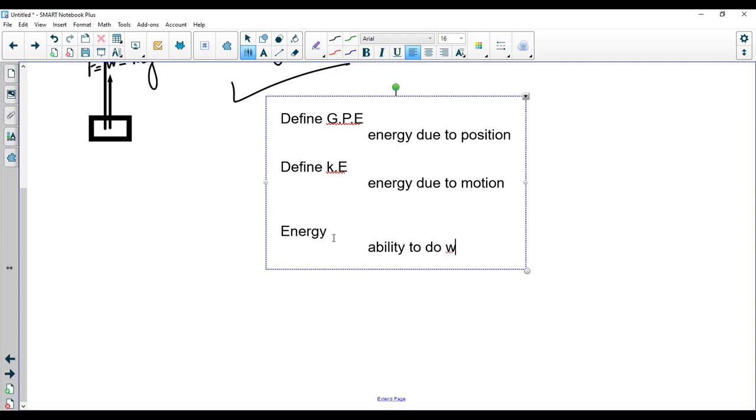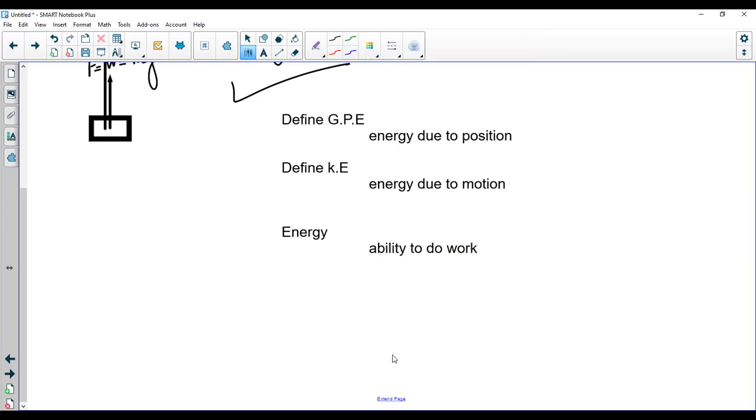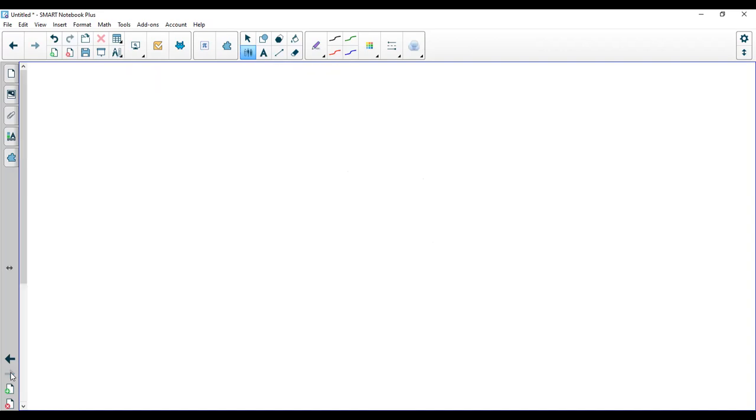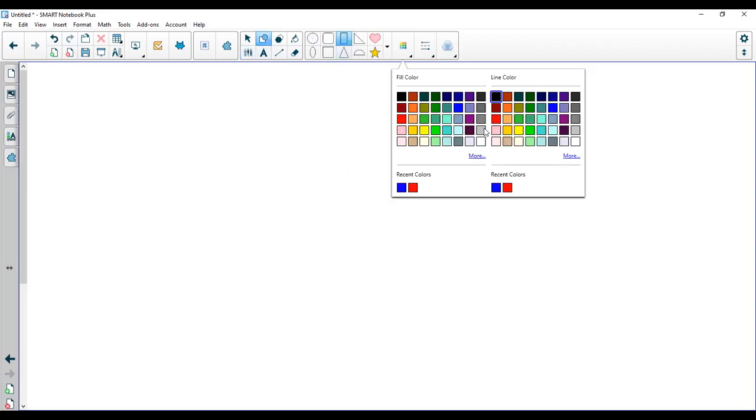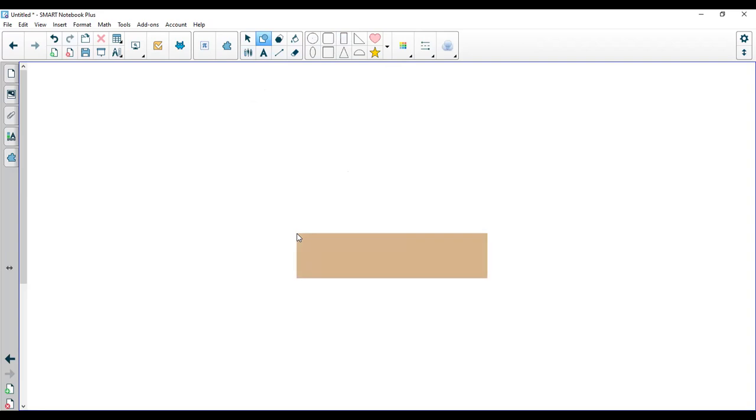So to explain this definition, say that the work which we want to do is pinning a nail into a wooden block. We have a wooden block and we want to pin down a nail. To pin down that nail, we need to do work. We need to exert force and we need to move the nail some distance into the wooden block.